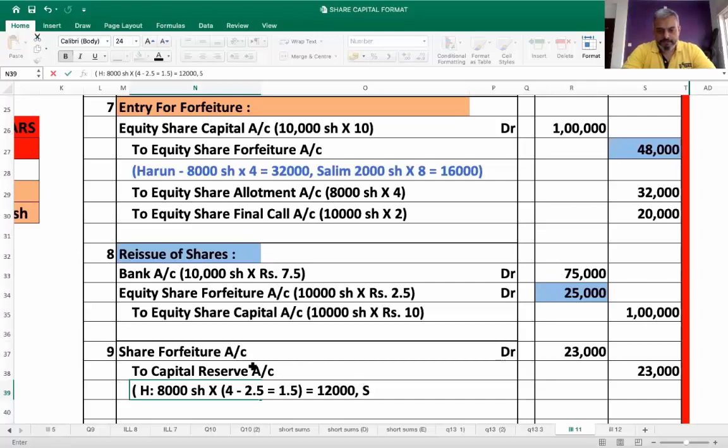And Salim, you forfeited 2,000 shares, you reissued 2,000 shares into, you forfeited rupees 8.